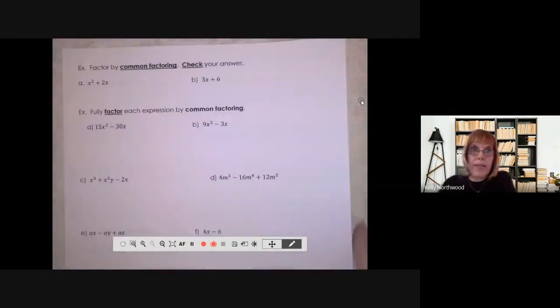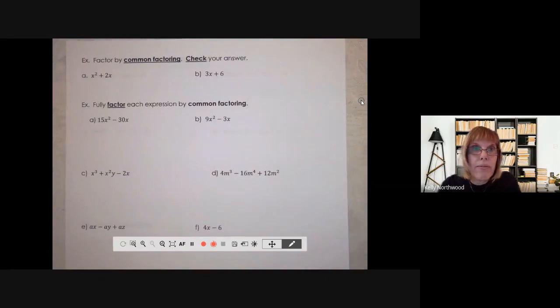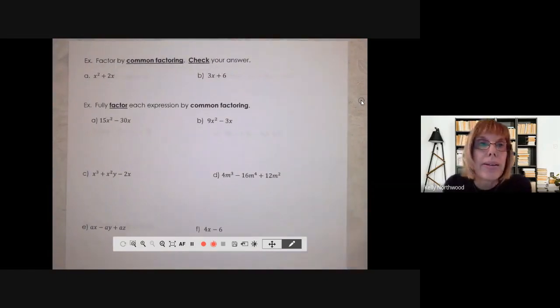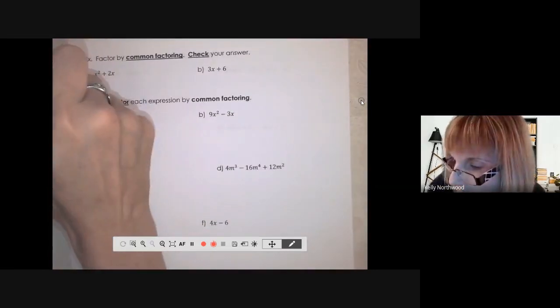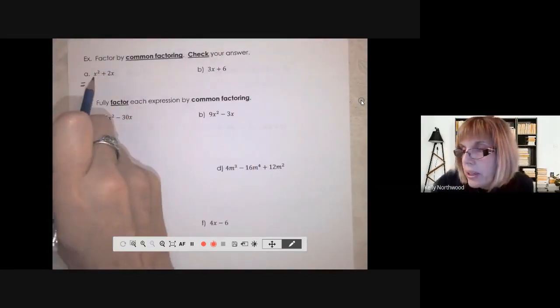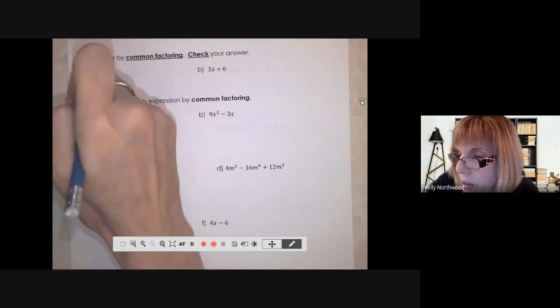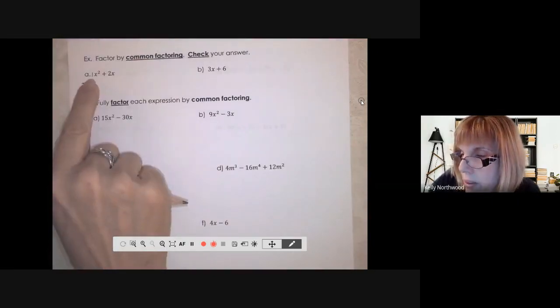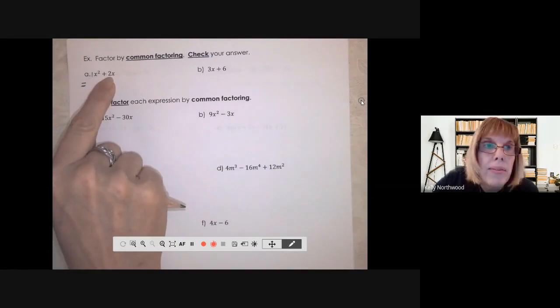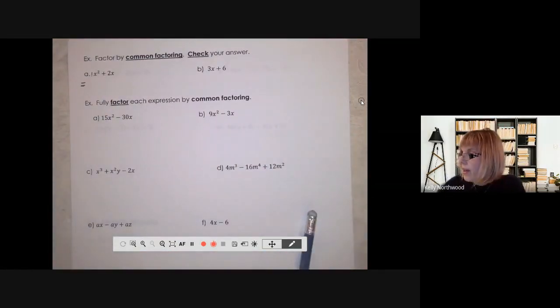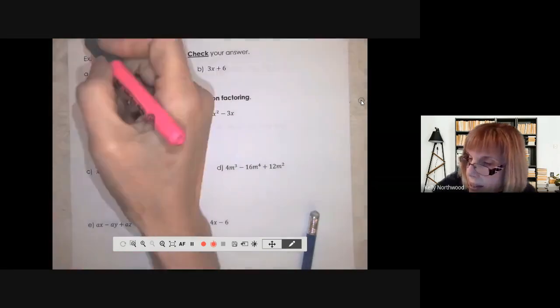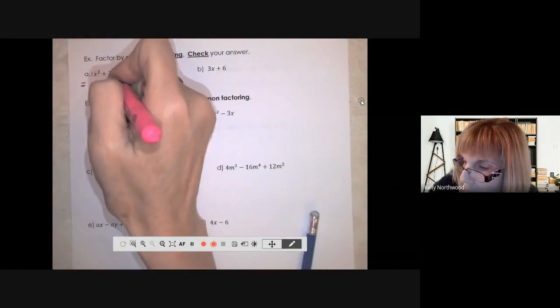So here our first question is factor and check. Okay, so we're going to common factor and then check our answer. I'm going to work down vertically, but I'm still going to look at the number first. For 1 and 2, the greatest common factor is just 1, which I don't need to write down. But they both have an x in them, both terms.